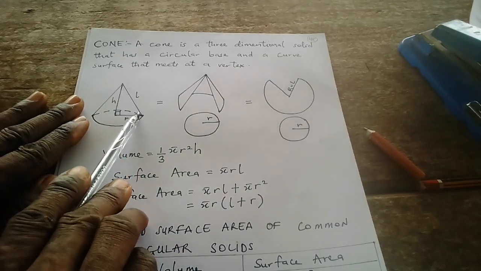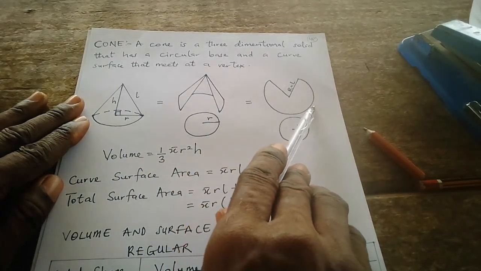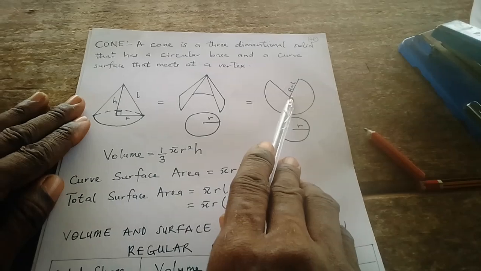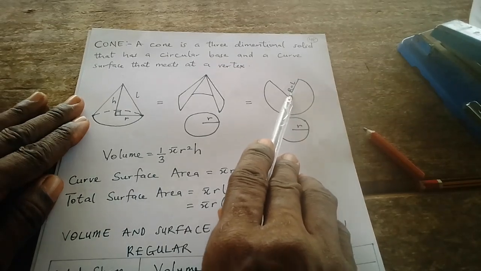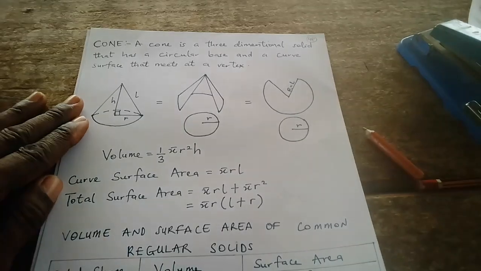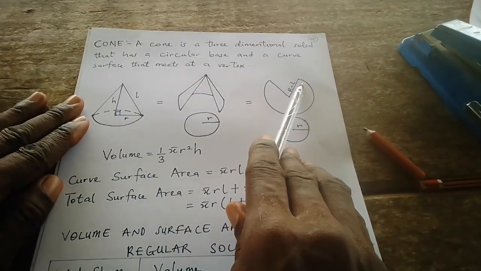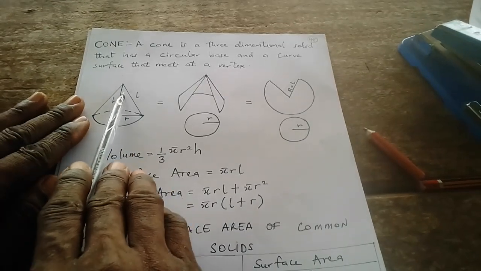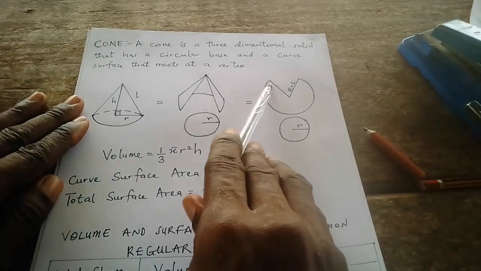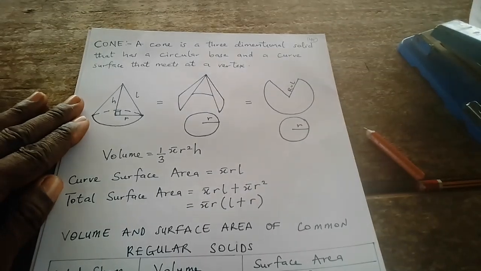L is the slant height. This L, if you use it to form a sector of a circle, you realize that it's going to form the radius of the circle. But if you want to use it for a cone, it will now form the slant height of the cone. The radius of this sector will be equal to the slant height of the cone.